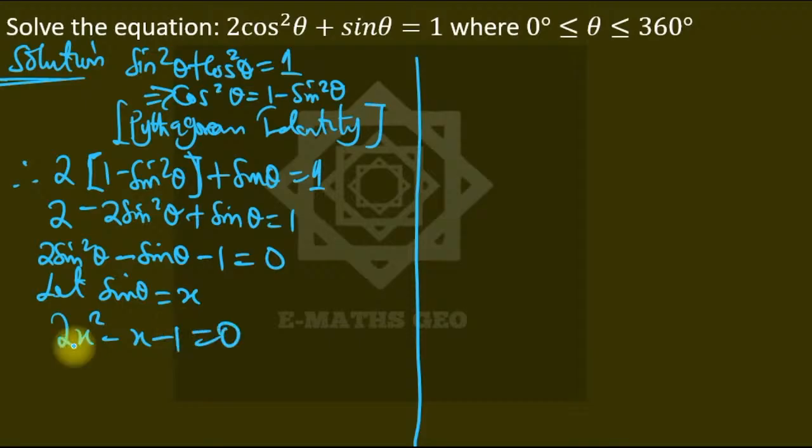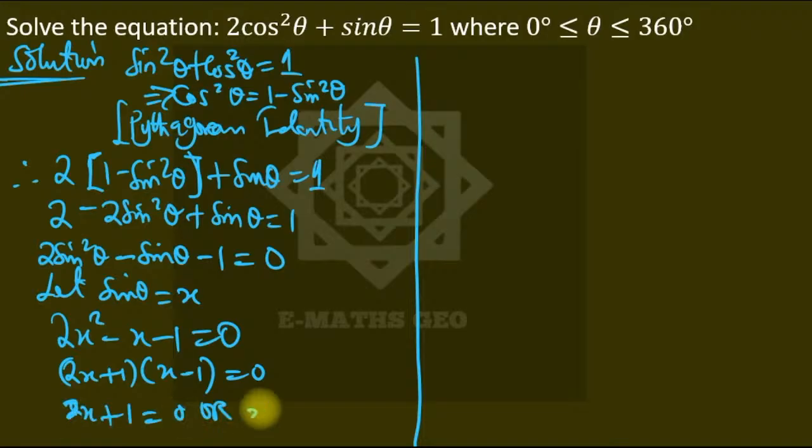And we can factor this as 2x plus 1 times x minus 1 equal to 0. I know for two numbers, the product to be 0, any of them could be 0. So either the first one is 0 or the second one is 0.